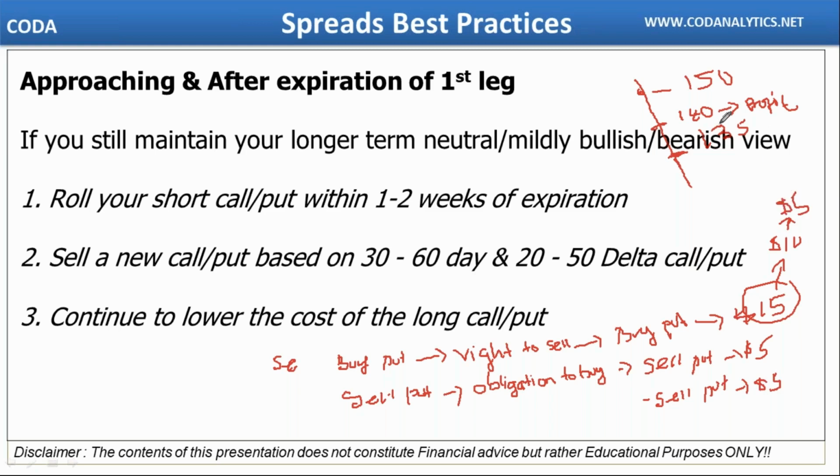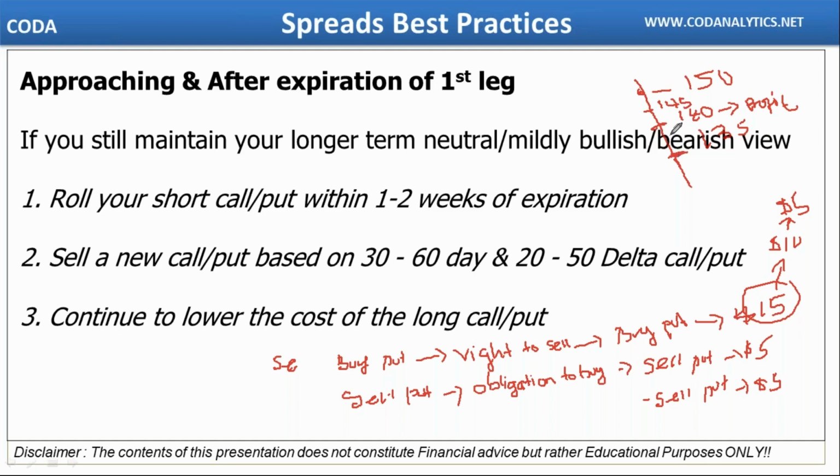What that means is that instead of 140, the price just needs to move to 145. Once it moves from 150, my strike price, to 145, anything below that, I'm in profit.